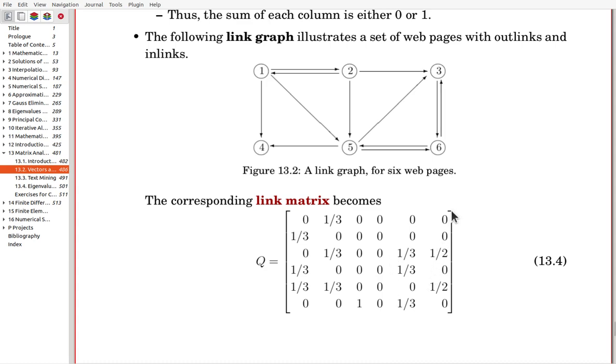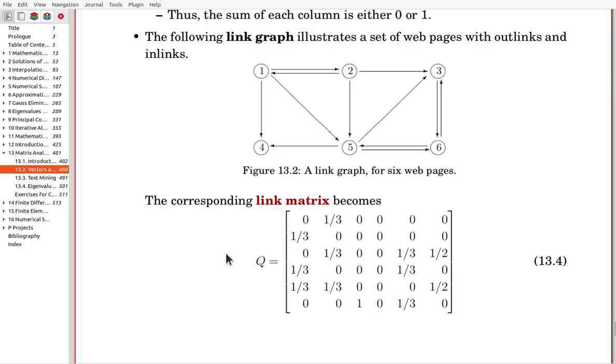And for example, the last one has inlinks from 5 and 3. So there are only 2 inlinks, so equally, 3 and 5 have half probability.